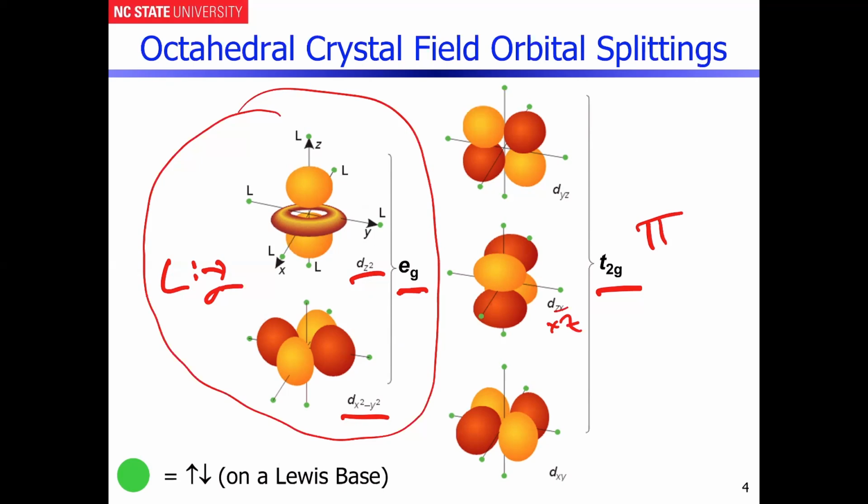So those are going to have less repulsion with respect to these guys here, which have significantly more repulsion because they're directed along the sigma bonding axes.